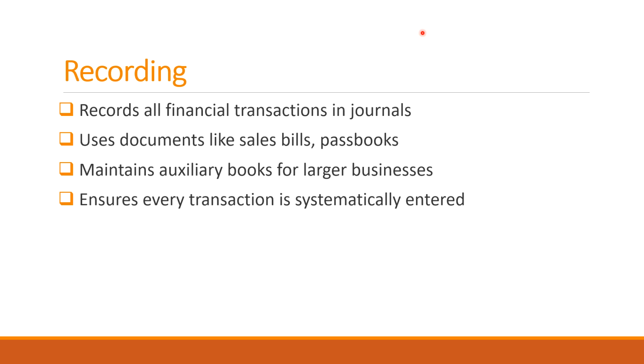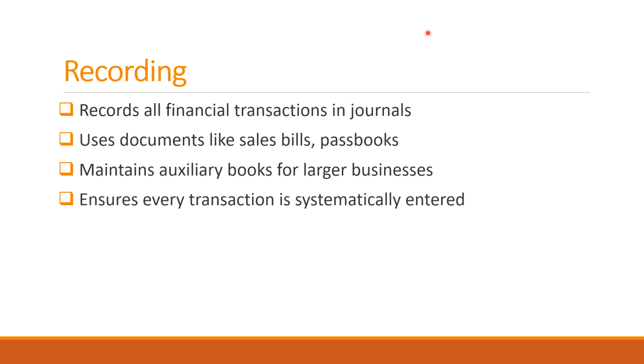In larger businesses, depending on their scale and complexity, the journal may be broken down into additional auxiliary books. These could include books for specific areas like sales, purchases, or payroll, which help organize transactions by category.